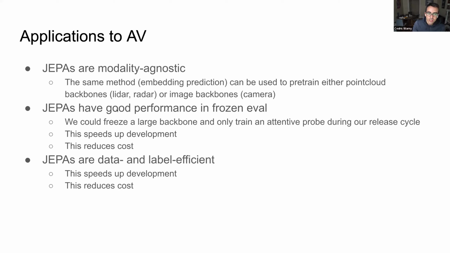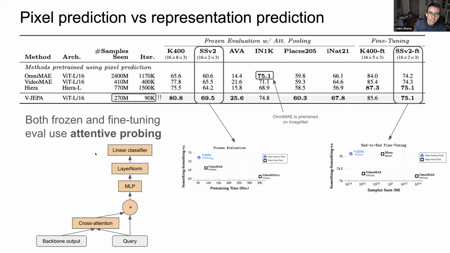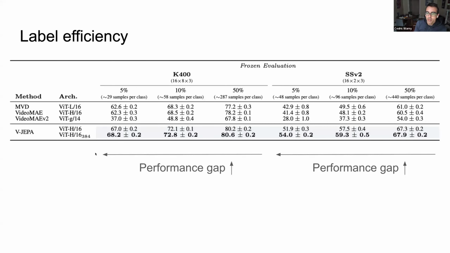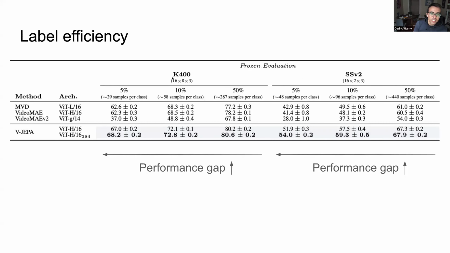JEPAs have good performance in frozen evaluation. So that's another takeaway. And how could we use that? We could use that by freezing a large backbone and only train an attentive probe. Again, if you remember, the attentive probe was this little guy. So a simple head on top of your model during a release cycle.